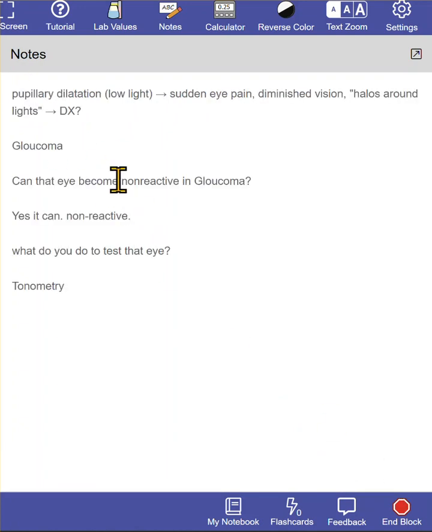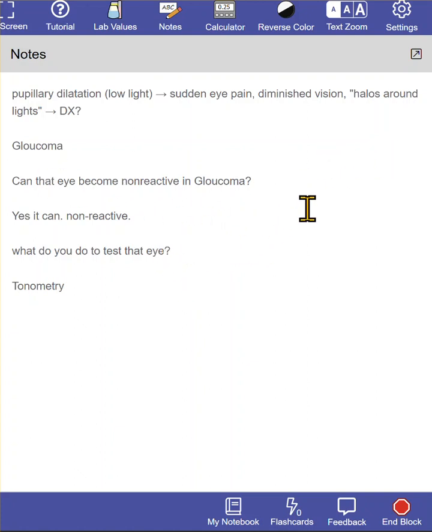So pupillary dilatation in low light, then sudden eye pain and diminished vision, halos around the lights. What's the diagnosis? This is a really high yield diagnosis. The diagnosis would be glaucoma, acute angle glaucoma. Can that eye become non-reactive in glaucoma? The answer is yes.